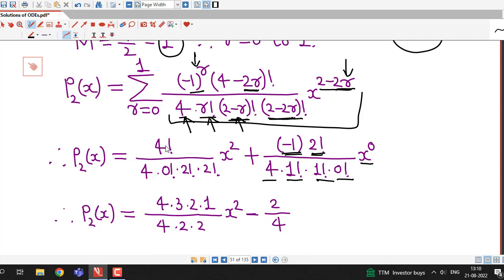First I rewrite 4 factorial as 4 into 3 into 2 into 1. This is 4, 2 factorial is 2, 0 factorial is 1 into x square. This negative sign is there, and 2 factorial is 2, 4 is written, 1 factorial is 1, x raised to 0 is 1.